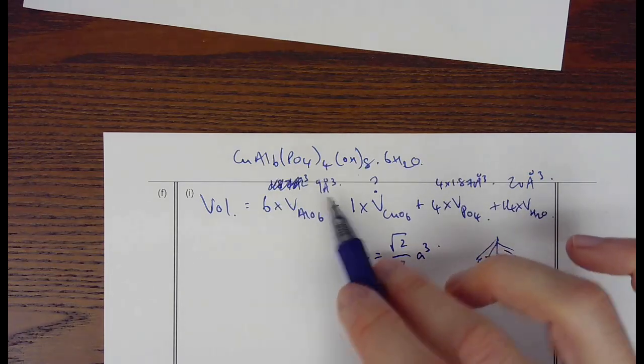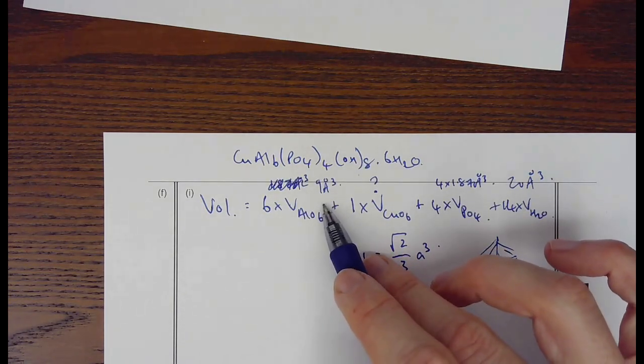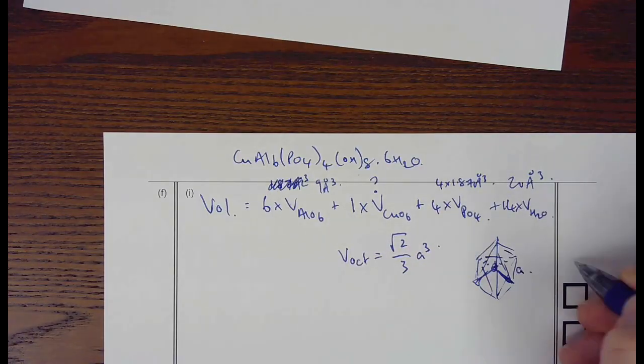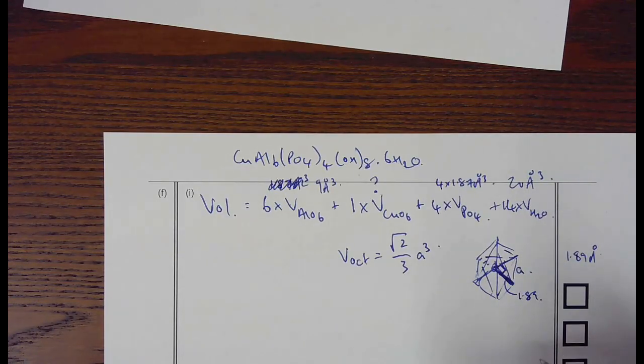We can double check it because I know that this is 9 angstroms cubed, and the aluminium oxygen bond length is 1.89 angstroms. So that 1.89 angstroms is going to be this bond length here. I can work out A, because that's a right angle triangle there, as that angle is 90 degrees.